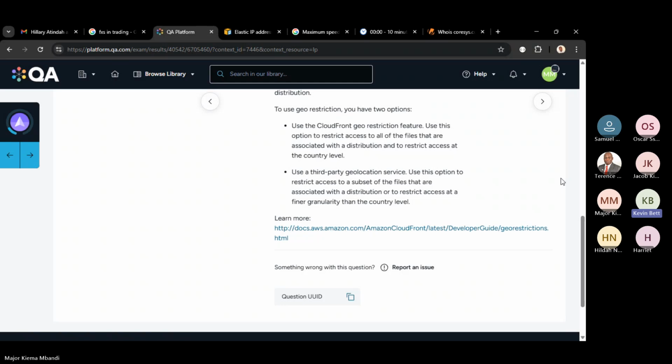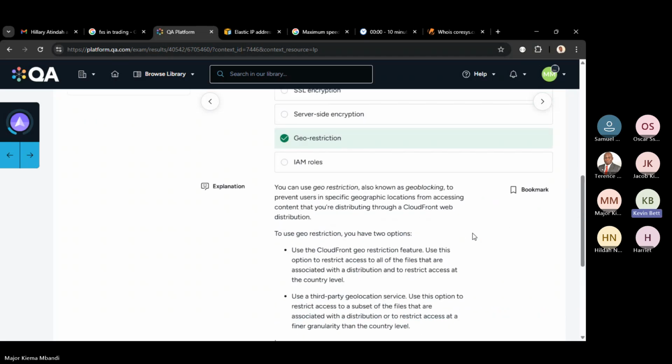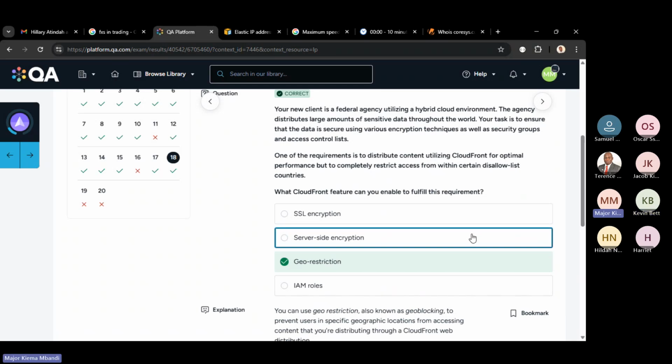Use this option to restrict access to all the files associated with the distribution and to restrict access at the country level. Option two, use a third-party geolocation service. Use this option to restrict access to a subset of the files associated with a distribution, or to restrict access at a finer granularity than the country level. So the answer was geo-restriction.